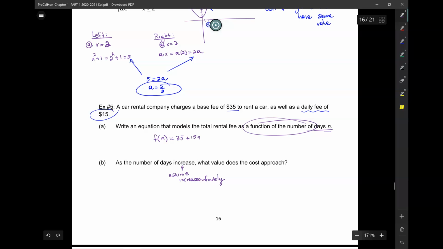So we say the limit of f of n as n approaches infinity is the limit. What is the limit? Look at this function here. As n approaches infinity, how much money are you going to pay them? Well, infinity.